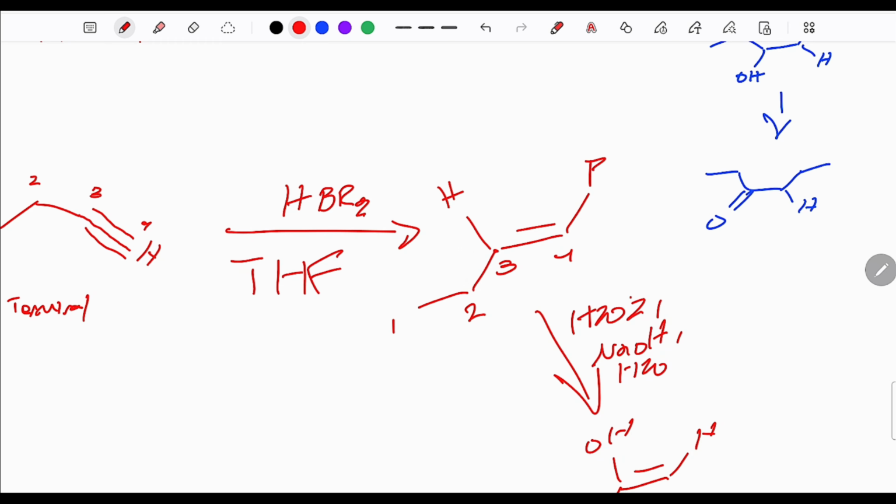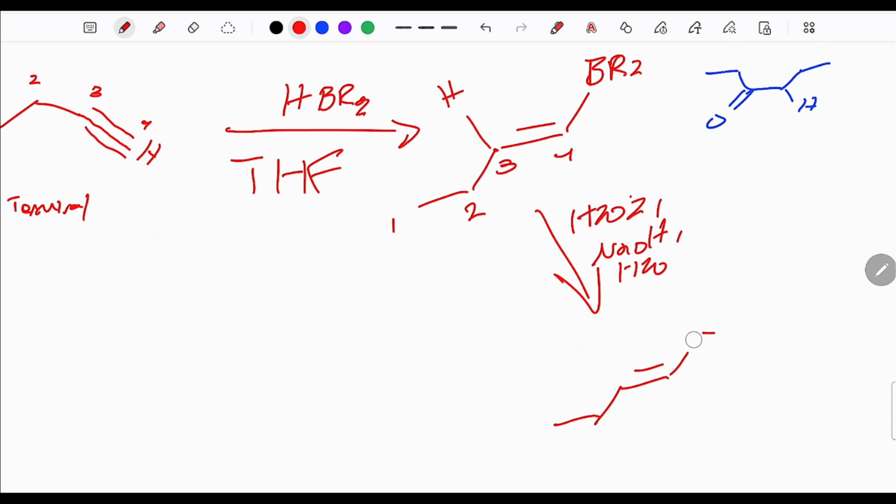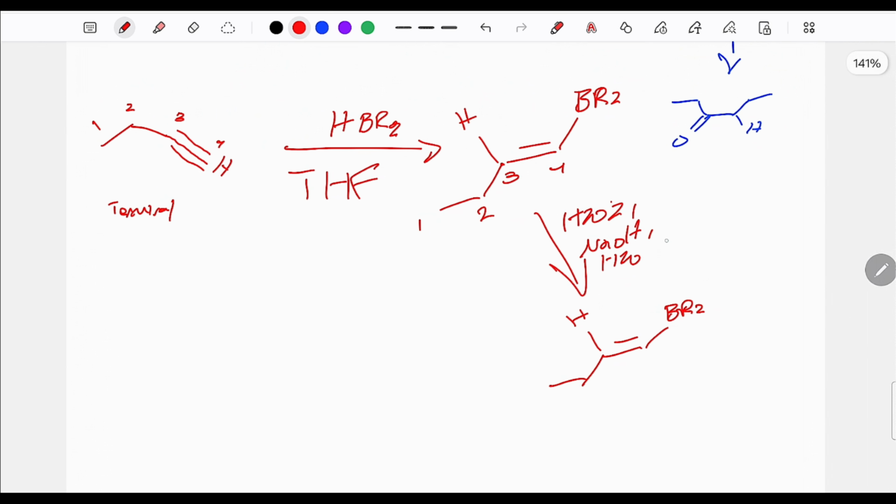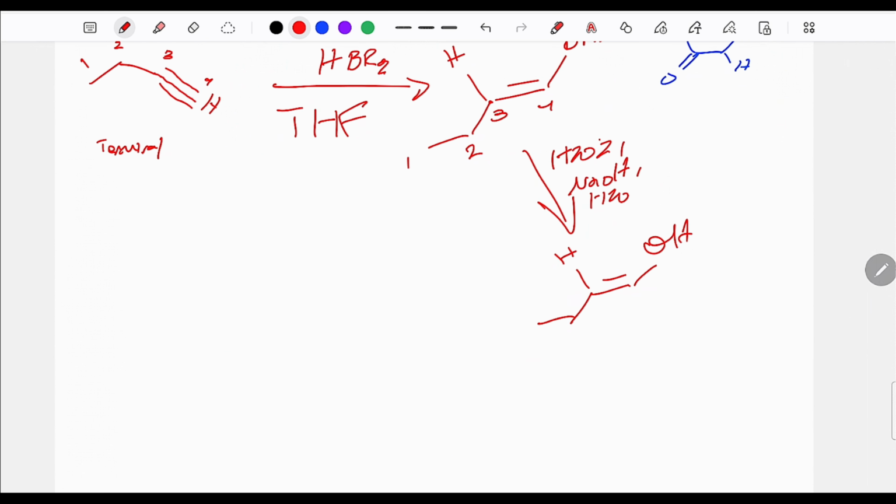Hydrogen here and BR2 there. Of course, the OH is going to replace the BR2.